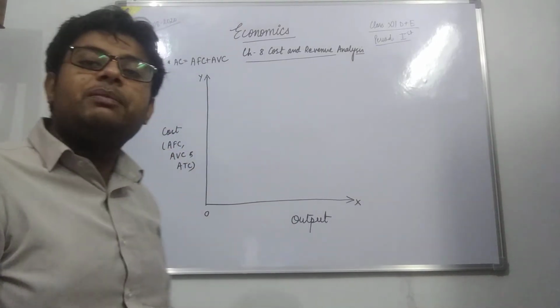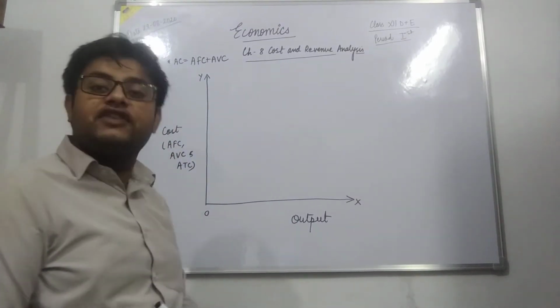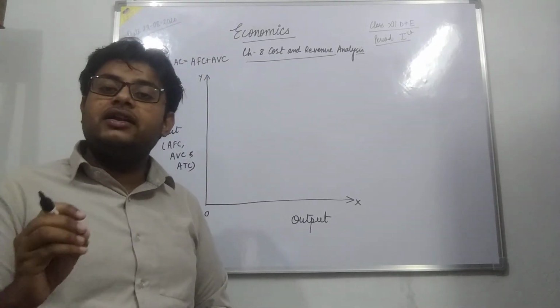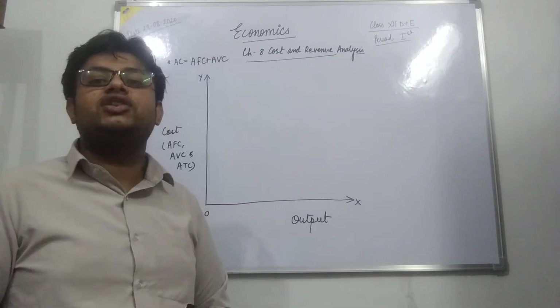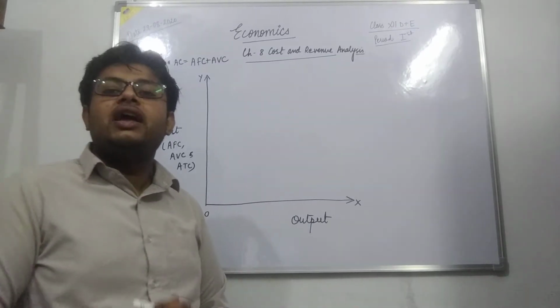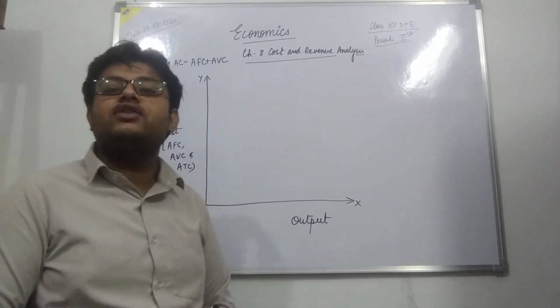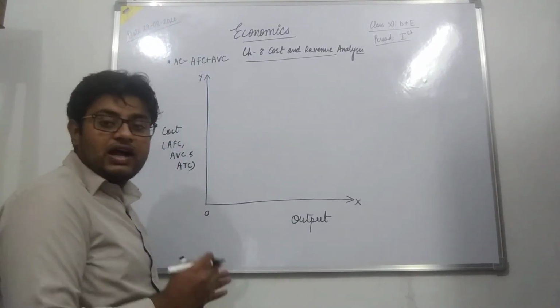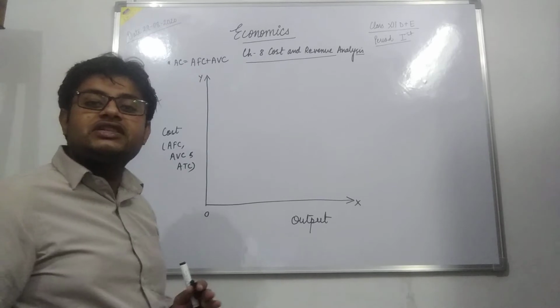Now coming to the behavior of average fixed cost. Just revisit the schedule. The average fixed cost was continuously falling, so we have to draw a curve which is continuously falling.